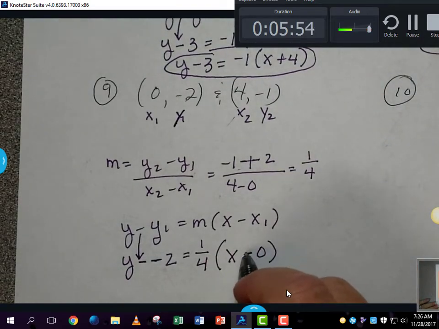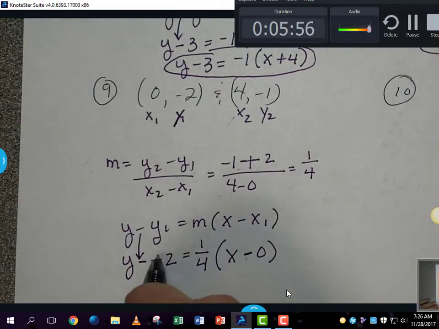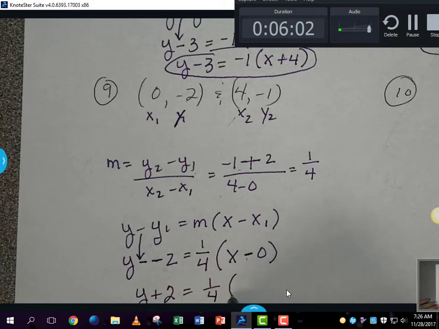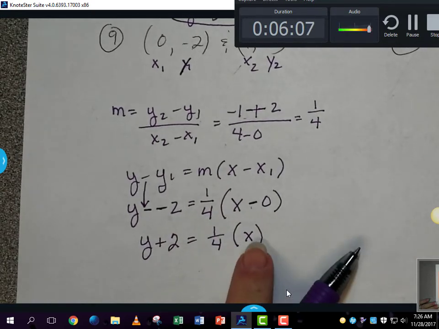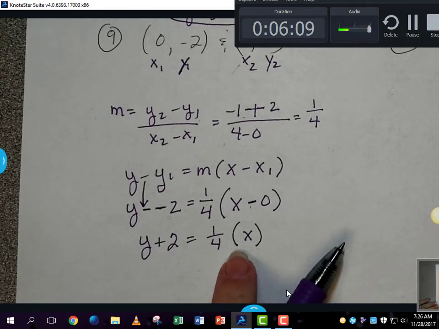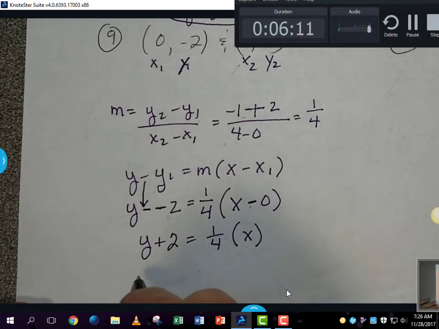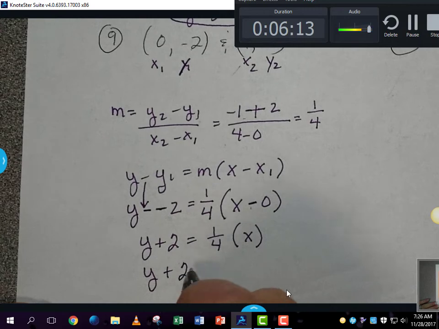And I don't really need this. And then I also need to change this to an addition. So I get y plus 2 equals 1/4 times x, right? Because x minus 0 is just x. But it's fine if you leave these in, but you also don't have to. We could also just say y plus 2 equals 1/4 x.